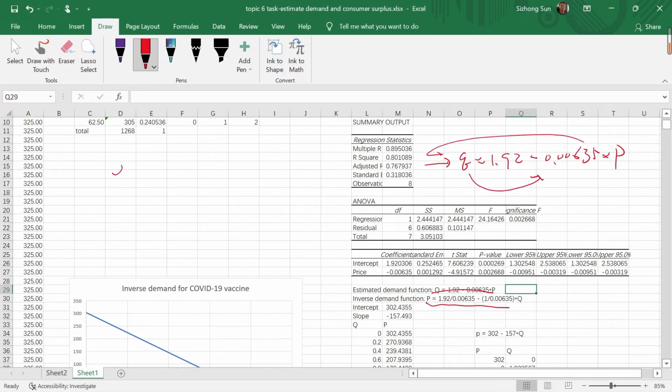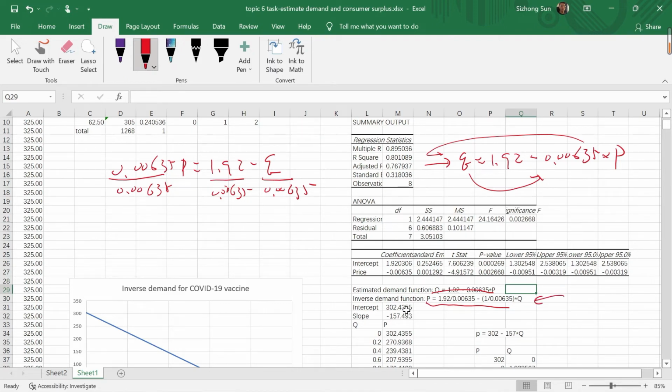So I get 0.00635 P equals 1.92 minus Q. Divide both sides by 0.00635. So I get the inverse demand function of this.